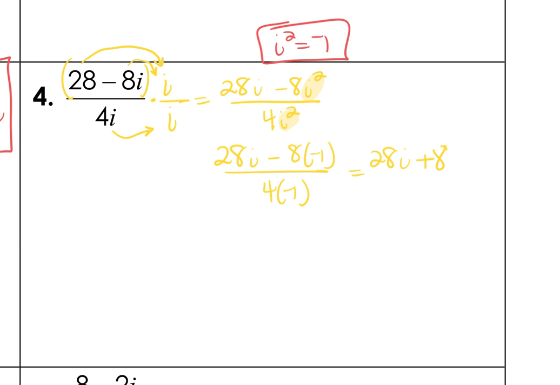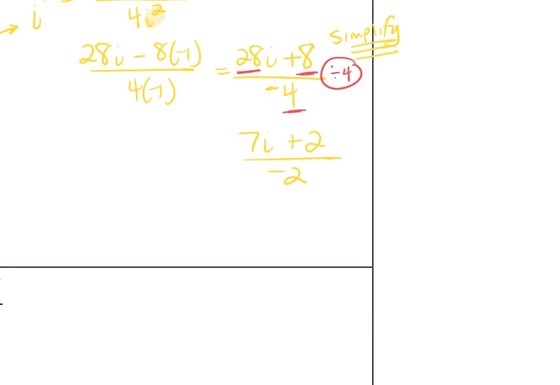And then let's take a look at our denominator. We're going to have 4 times -1, so it's -4. The last thing, well, almost the last thing I want to do is simplify. If I look at these numbers, 28, 8, and 4, they're all divisible by 4. So I'm dividing everything by 4. So I get 7i plus 2 all over negative 2.